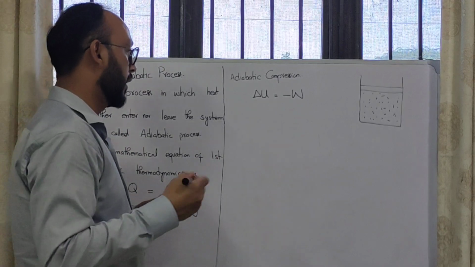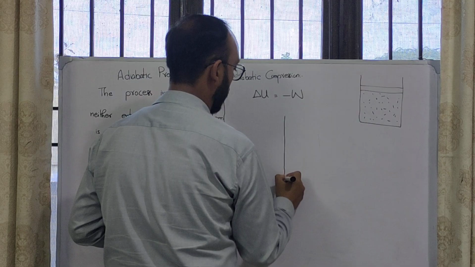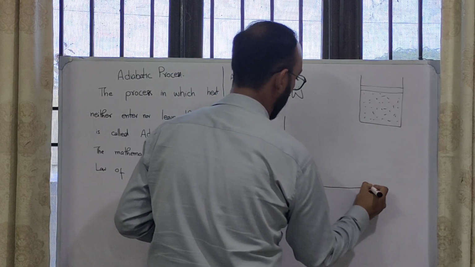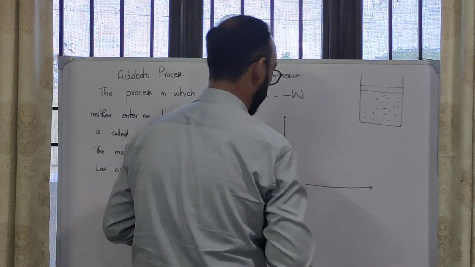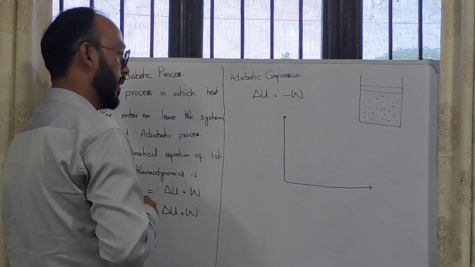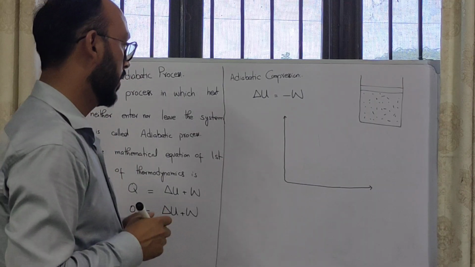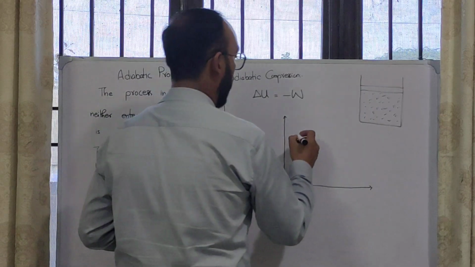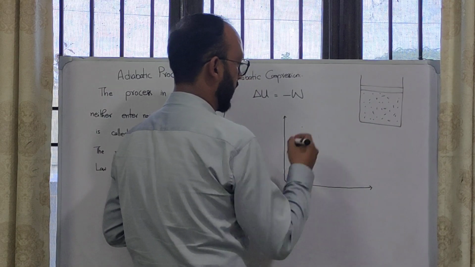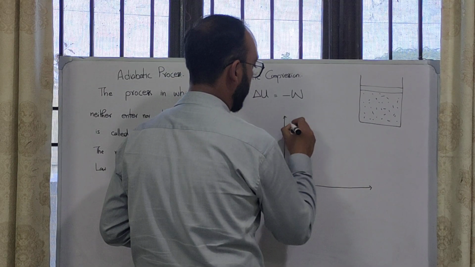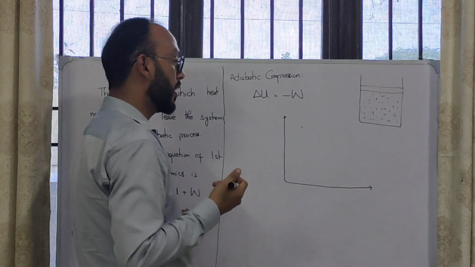Now we draw its graph under adiabatic condition. Let's say this point represents the initial state of the system.